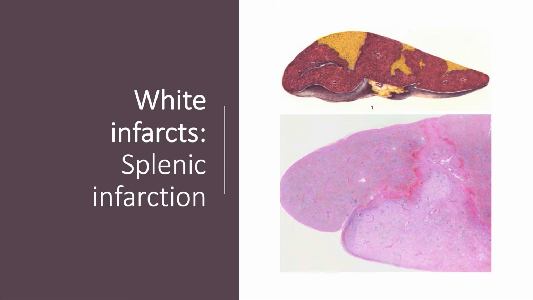Infarcts tend to be wedge-shaped, with the occluded vessels at the apex and the organ periphery forming the base. When the base is a serosal surface, there is often an overlying fibrinous exudate.